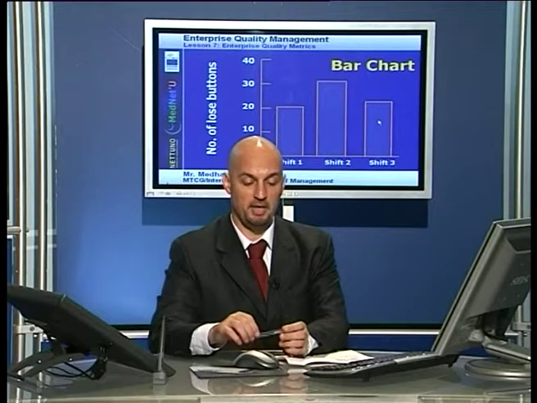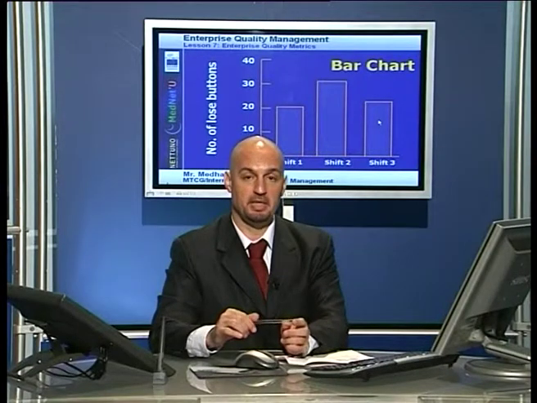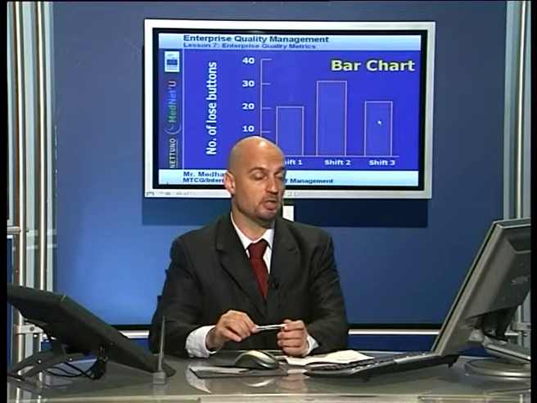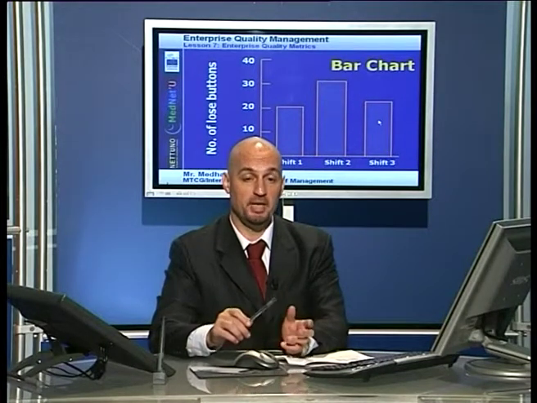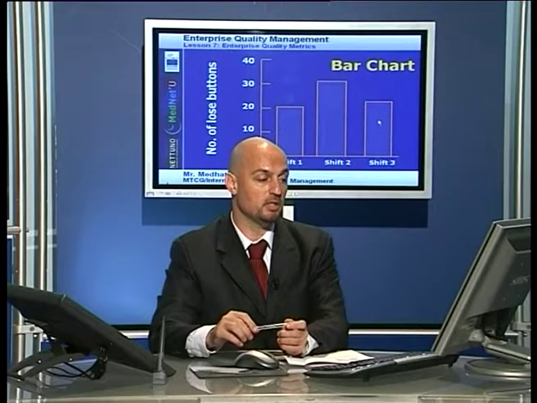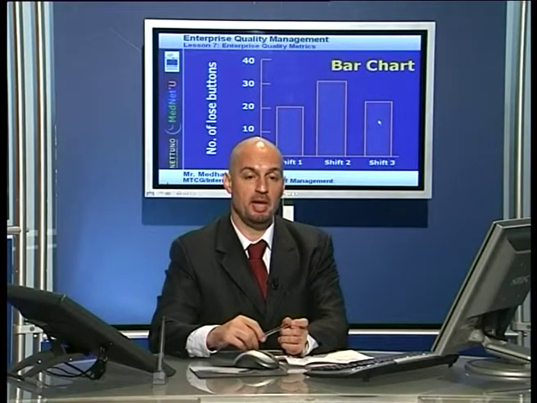Once we discover that the loose buttons are the most problematic area to the quality of producing a shirt, the next step is to identify when or where it happens. So one way is to use bar charts to map the number of loose buttons per shift.